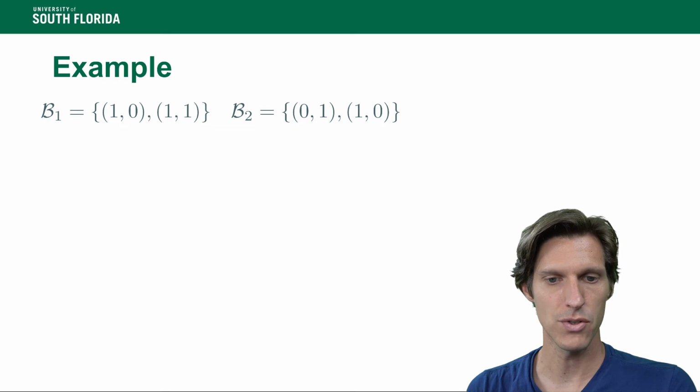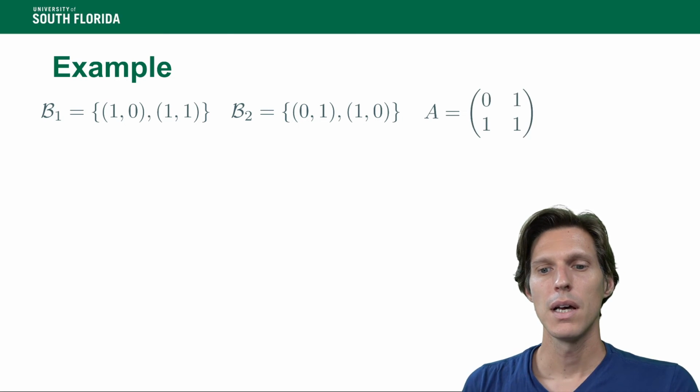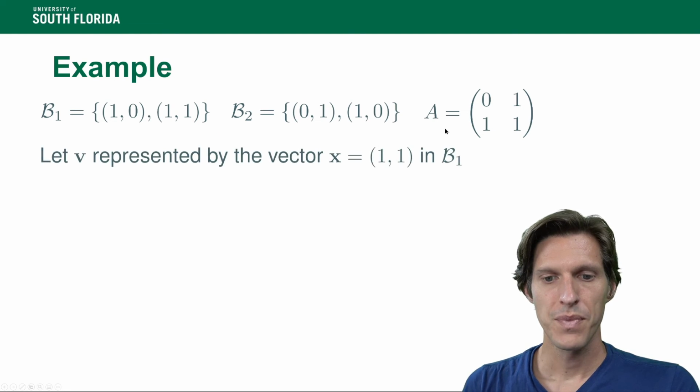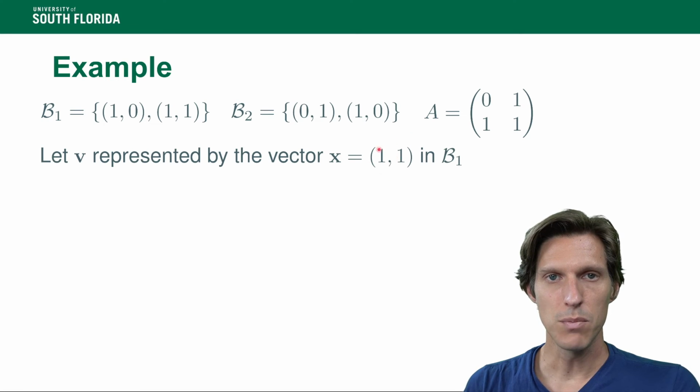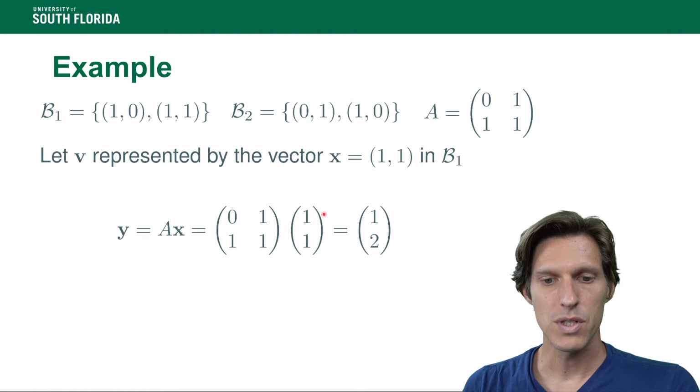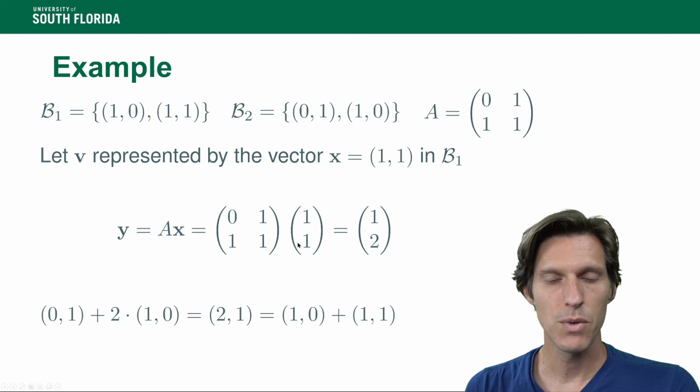So as an example, let's assume that you have those two bases. And so that is the matrix that expresses the first basis with respect to the vectors of the second basis. So assuming that we have as an input the vector 1, 1, expressed by the coordinates 1, 1 in the first basis, then to express this same vector in the second basis, we just simply multiply the vector 1, 1 by A. And we can verify, of course, that this gives us the right answer.